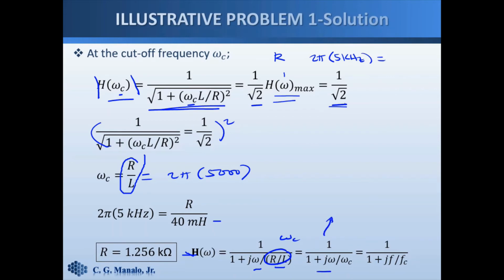However, this one is also 1 over, see, so this will cancel the 2 pi's, and that will give us this one. So therefore, the magnitude of the transfer function can also be expressed in terms of the cutoff frequencies.